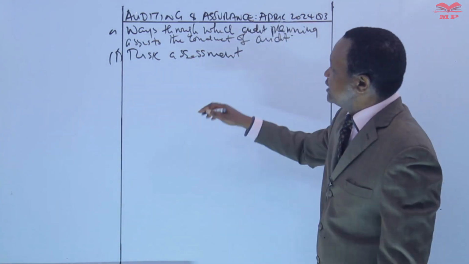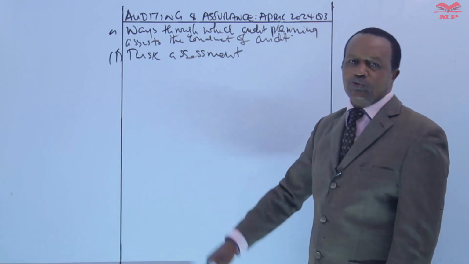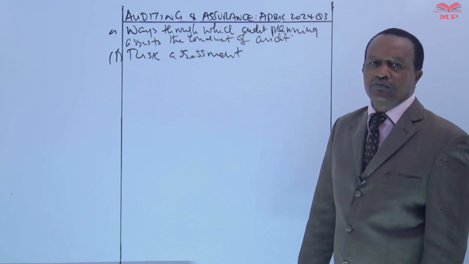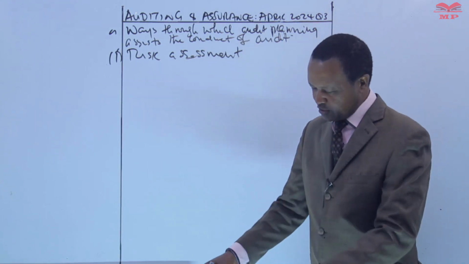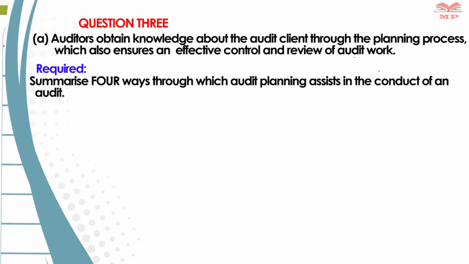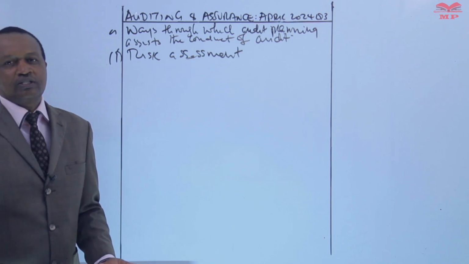So it has to begin with the risk assessment and prioritization. And that is one way, candidates, through which audit planning assists in the conduct of an audit. The audit planning involves assessment of risk. Understand?